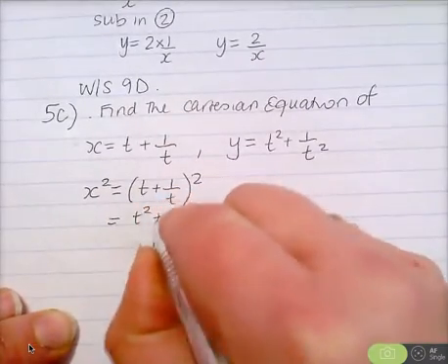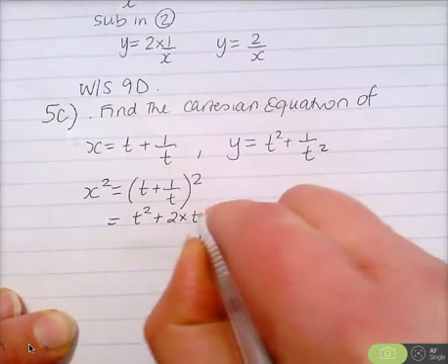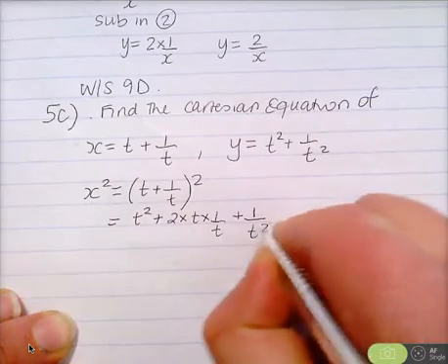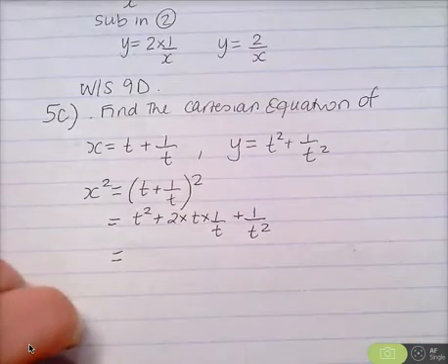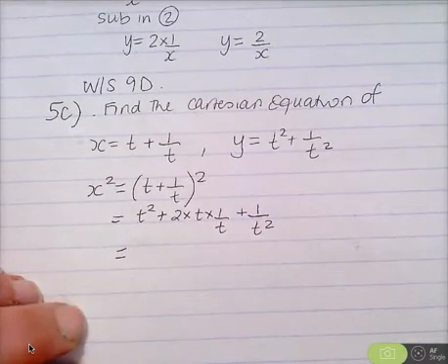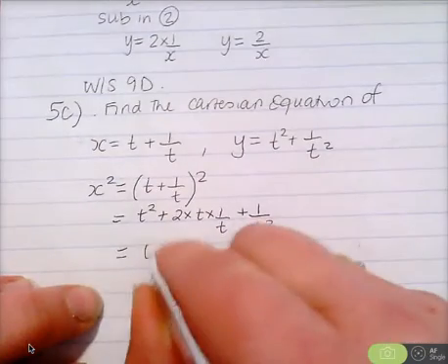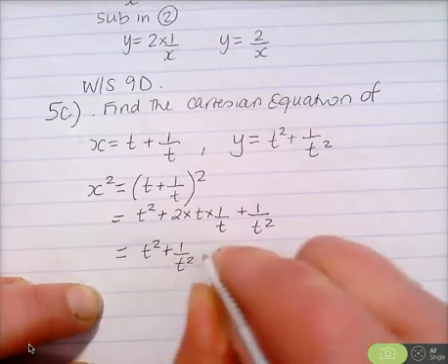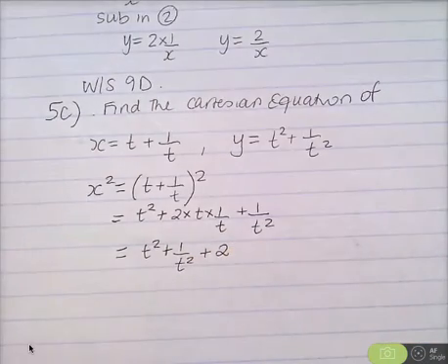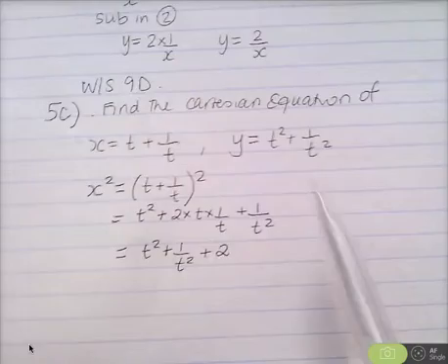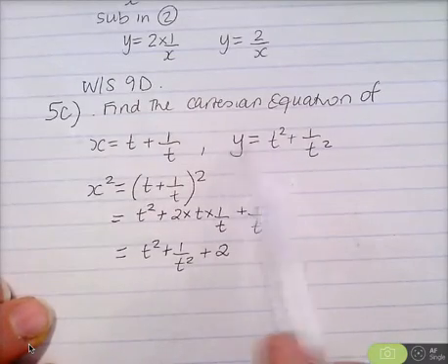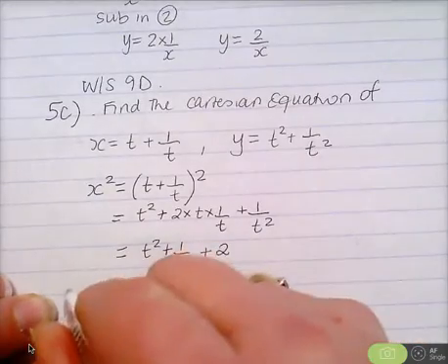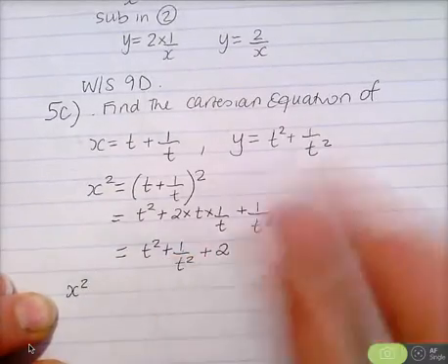T squared plus 2 times t times 1 on t plus 1 on t squared. Now, what is 2 times t times 1 on t? Yeah, so it's t squared plus 1 on t squared plus 2. That's what that is. So I'm going to make this look like that.